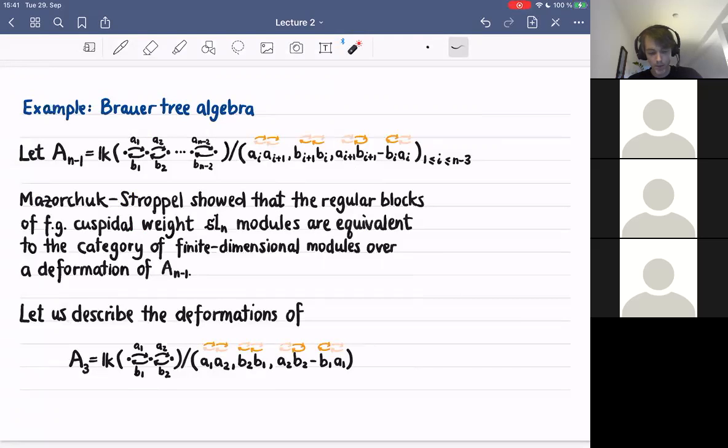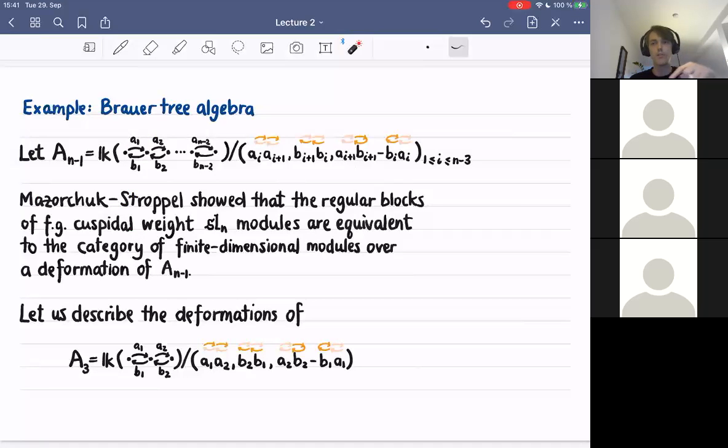This Brauer tree algebra has a number of vertices and arrows between these, always 2 cycles between them, and then you have these relations. If you go right twice, this is 0. If you go left twice, this is also 0.